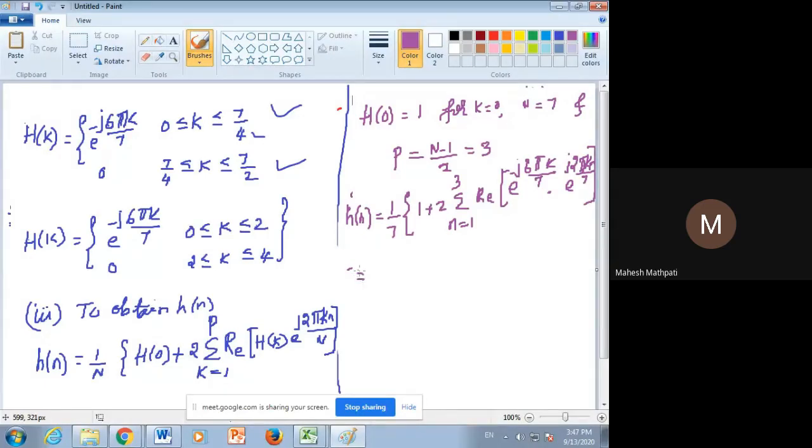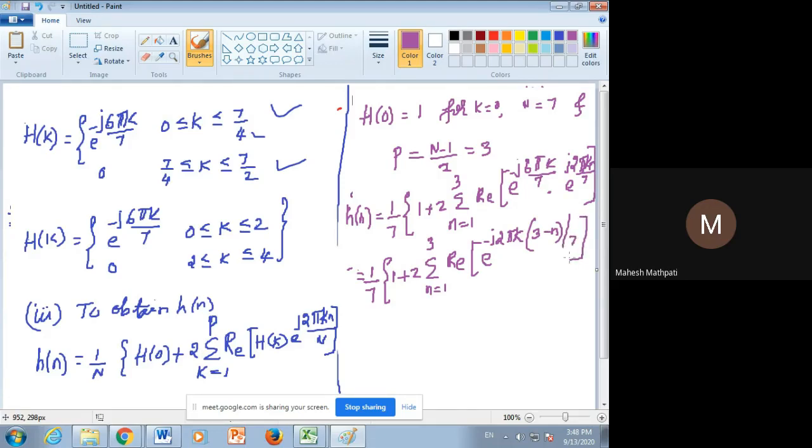No. Further, we can simplify this as 1 by 7 into 1 plus 2 into summation n equals to 1 to 3 real part of e power, if I take minus j 2 pi k as the common term, then what we can write is 3 minus n by 7.